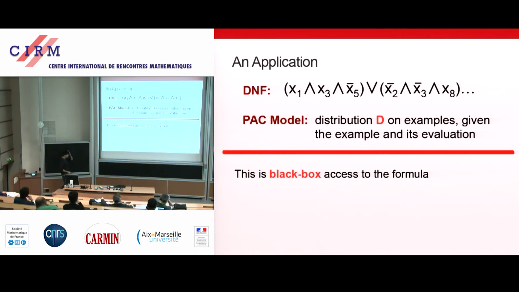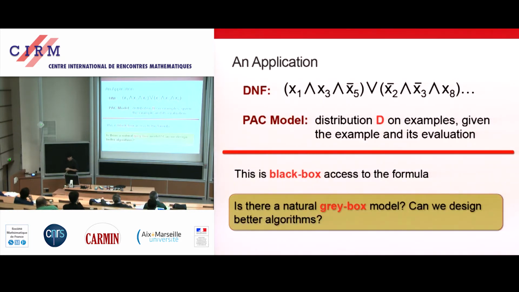In any case, one way to try and make progress on this is to try and change the question. Imagine instead of black box access to the formula, you got a little bit more information, something leaked about what actually was going on in the formula to get you that value. So here's one way to interpolate between these two: give some type of gray box access.